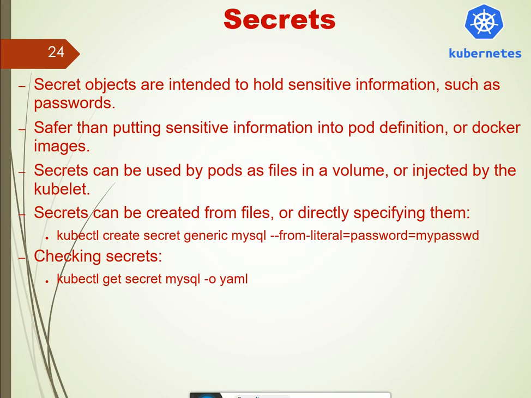Secrets can be created from files or by directly specifying them. kubectl create secret generic mysql --from-literal=password=mypassword, and check secrets with kubectl get secret mysql -o yaml.